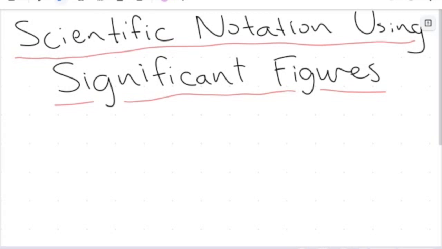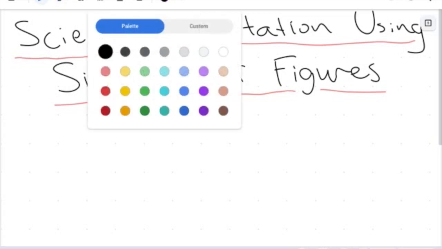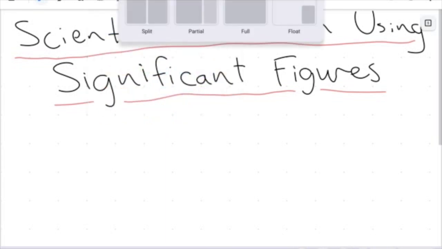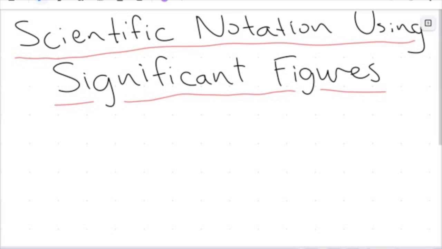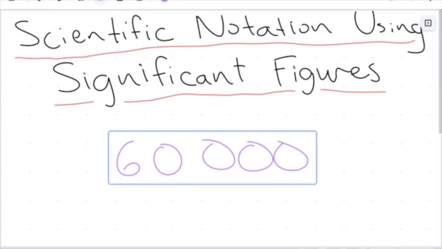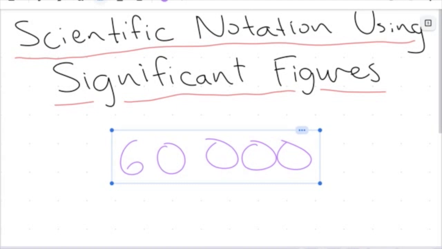Now, I'm not going to give you a really big number, but I'm going to give you a number and see how we can convert it to something that is a little bit easier to digest. So I have this number. Let's go 60,000.